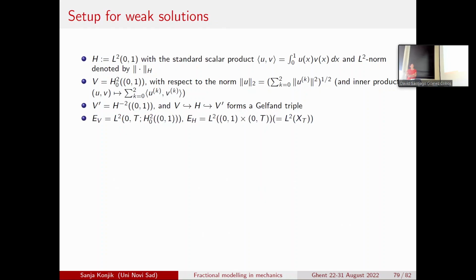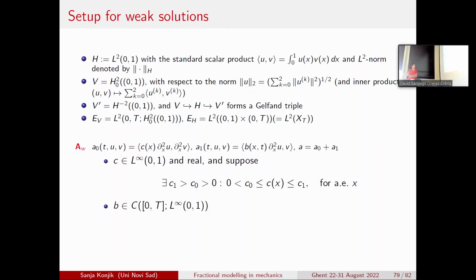Those would be the L2 space and the Sobolev space H20, and also for EV and EH. And we check that the conditions for that bilinear form A and for L are satisfied. Those we previously had for the abstract setting.